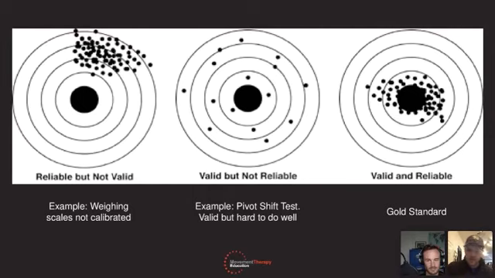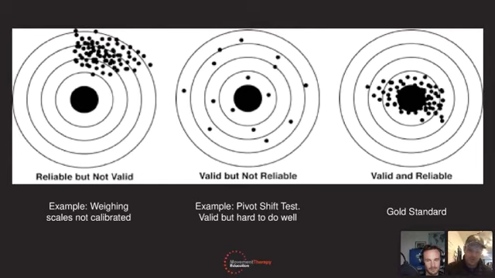So the reliability may rely on your experience as a practitioner. As you get better, it may cluster your results towards a more reliable test. But if you're a novice rater doing a test like that, it may not be as reliable.